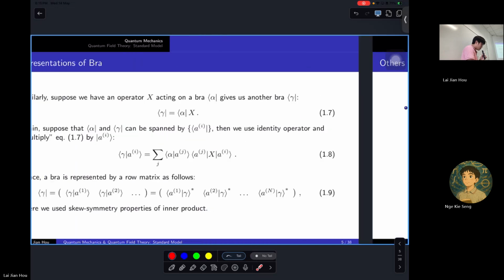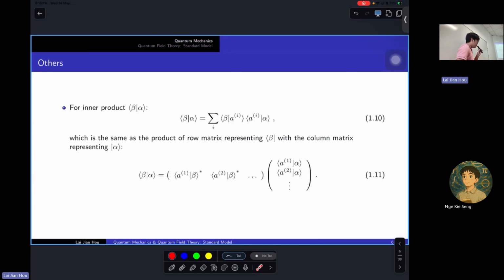While for the inner product, we insert the identity operator again in between the beta and alpha. This one is the row matrix, right?